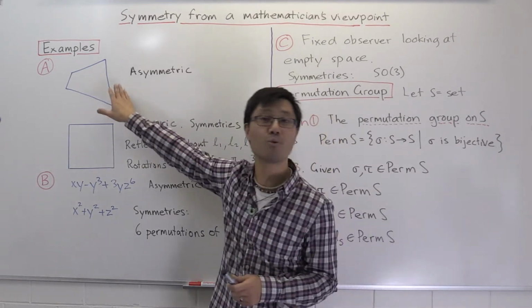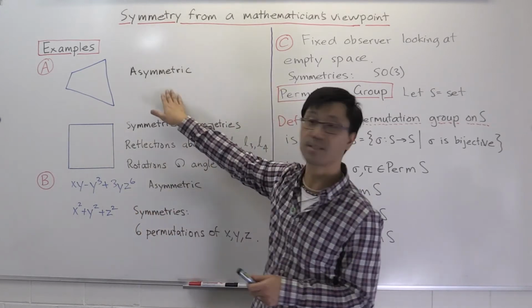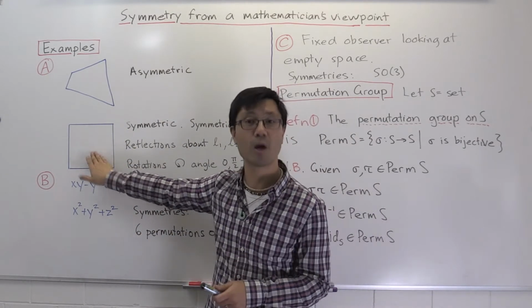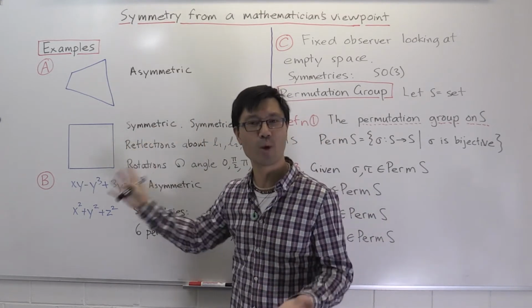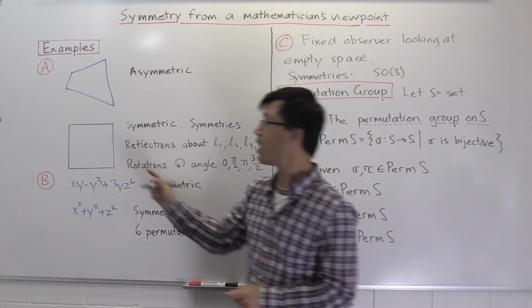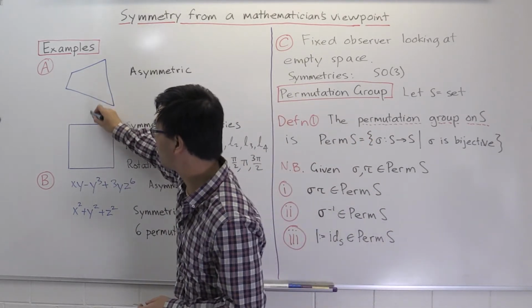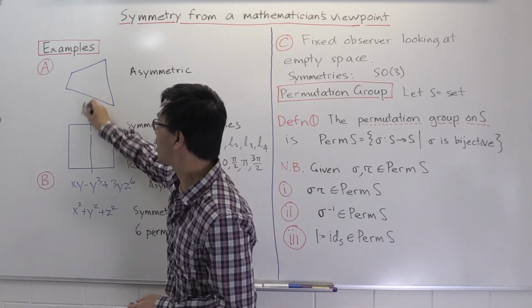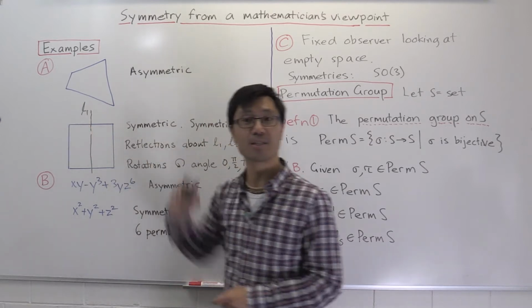Okay, so here we've got two plane figures. Here a quadrilateral like this, that's asymmetric, and here we have a square which is a very symmetric object. Okay, so why is this square symmetric? Well, I guess one thing you can say is that it has a symmetry about this vertical axis right down the middle. So here's a line L1, and it's symmetric about this axis.